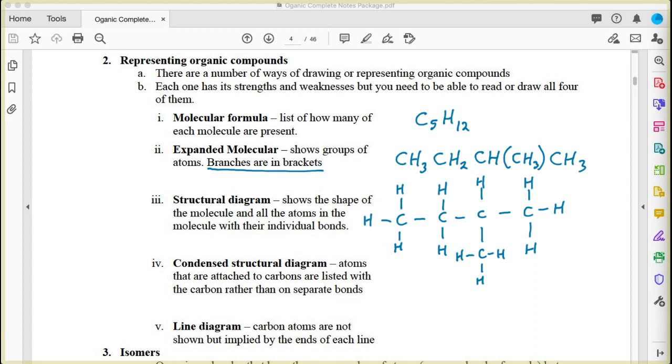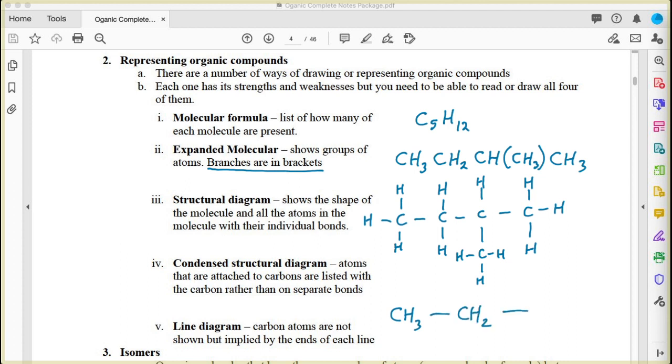So I'll draw this at the bottom here. I may have to draw the line diagram somewhere else just because it's hard to draw really small on my page here. So this first one would be a CH3. It's attached to a CH2.